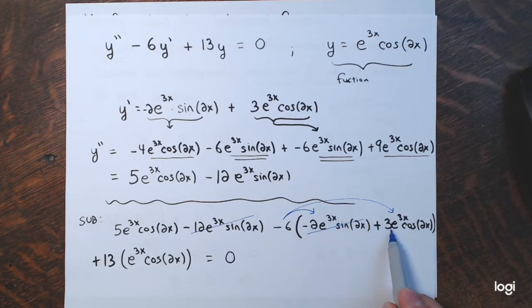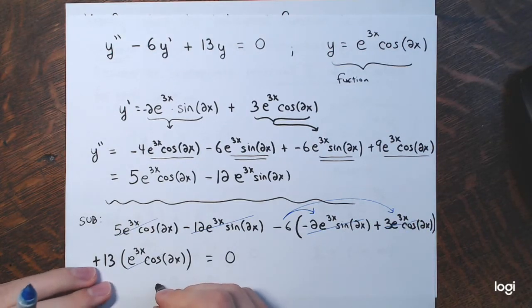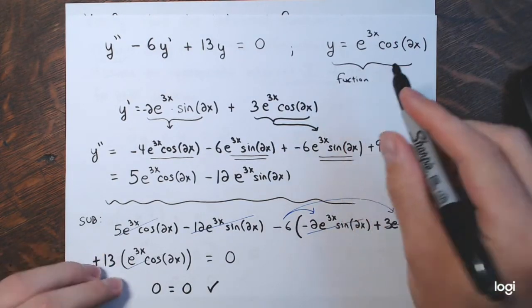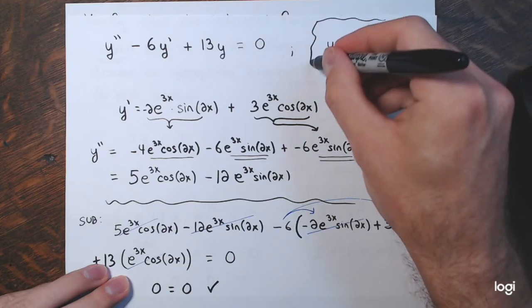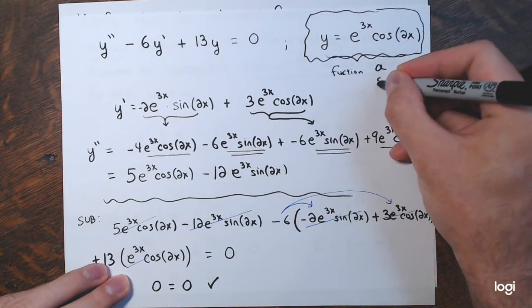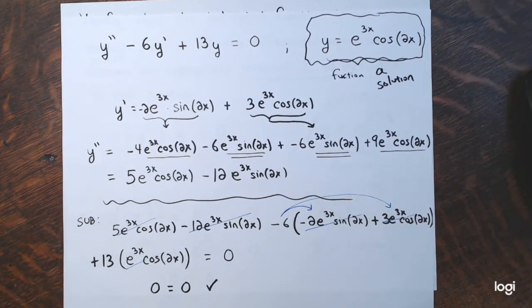And negative 18 plus the 5 plus the 13 of that e to the 3x cosine 2x makes 0. So everything's gone. Wonderful. And I have 0 equals 0, a true statement. Check. That is, this function is a particular solution to this differential equation.